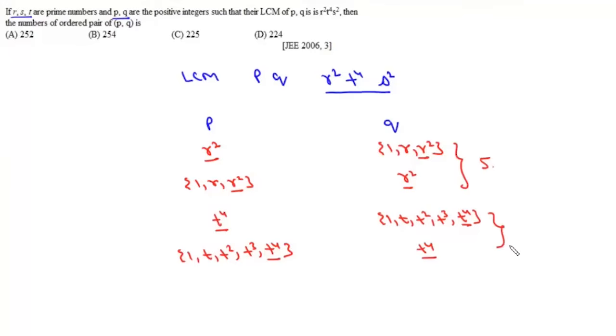So there will be 9 ways of distributing this T. And S square is the same as R square, so there will be 5 ways for S square. So the total number of ordered pairs of P and Q will be 5 into 9 into 5, and it is 225. That's your option C.